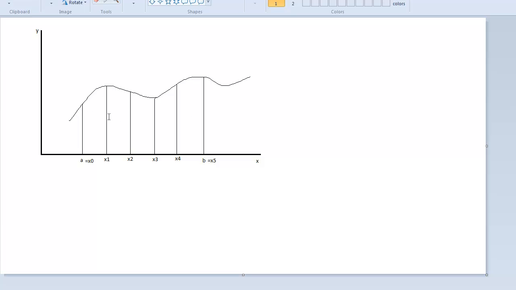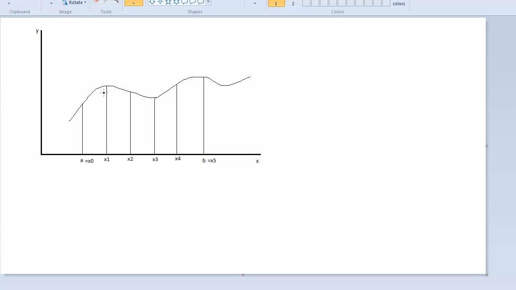Well, I have these subregions, these small almost rectangles, and what I do is that I take this point and evaluate the rectangle over here.